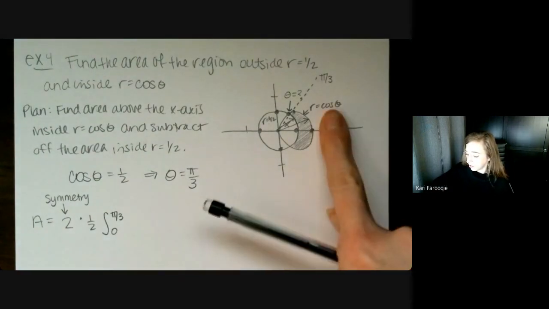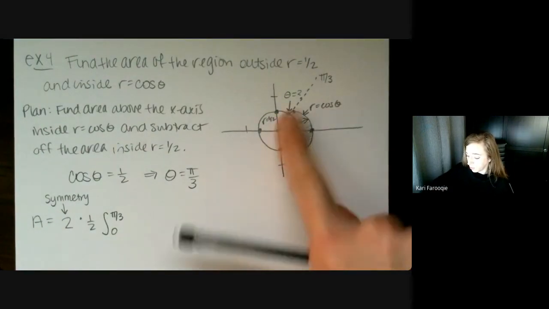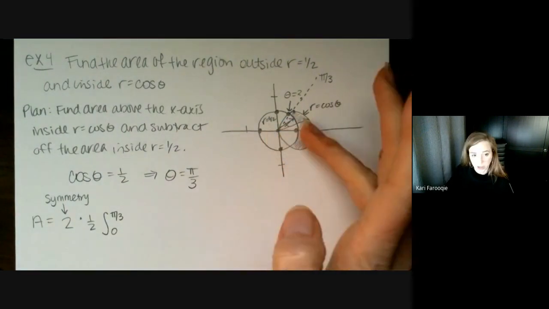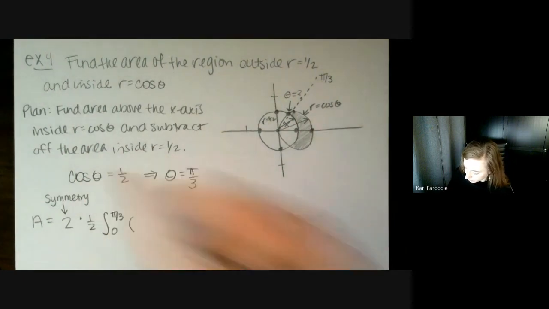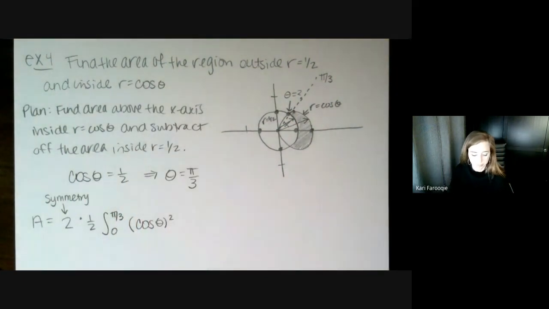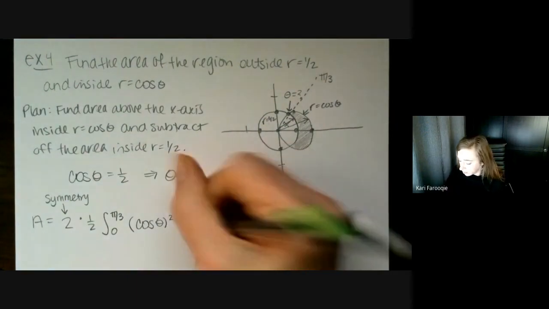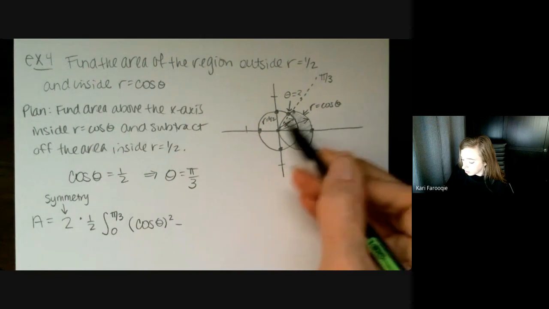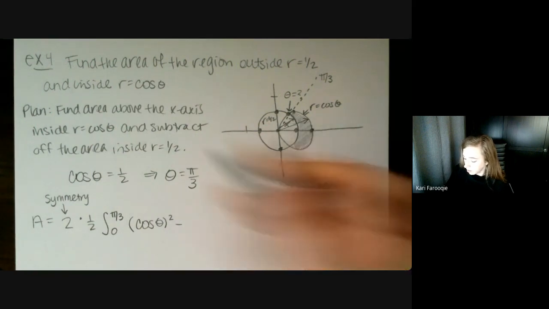I'm taking the area of the outside function. That whole thing is included when I find the area. It's going to give me all of that. And then I'm going to take away the parts that I don't want. The parts that I don't want are the parts that are inside r equals 1/2.